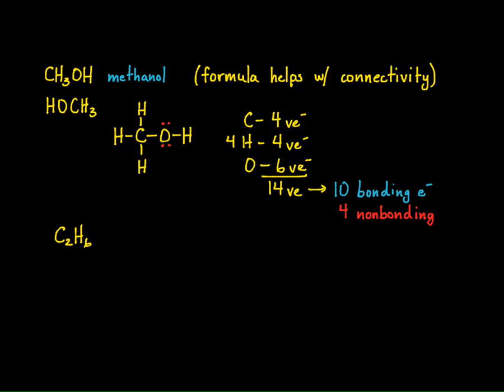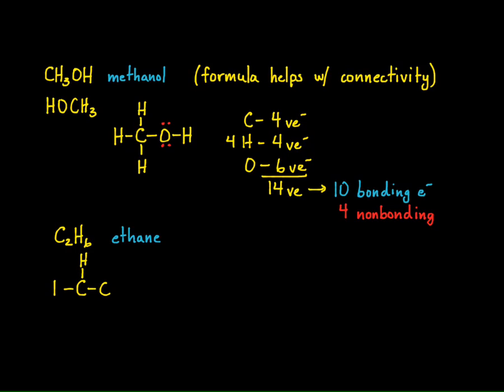Another simple organic structure, which we'll get into in Chapter 2, is called ethane, C₂H₆. Again, for organic compounds, typically speaking, when you have multiple carbons, you know that you're going to connect those carbons together.